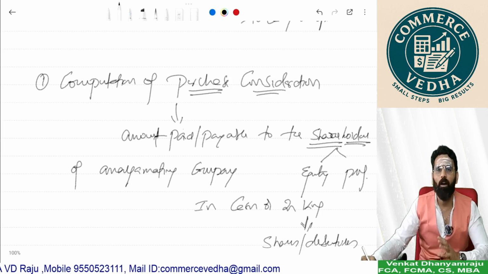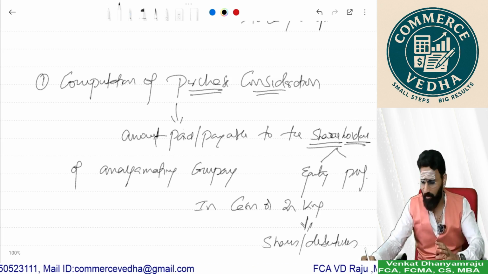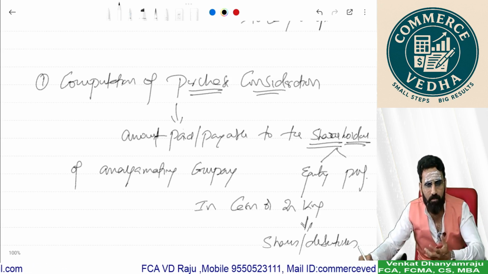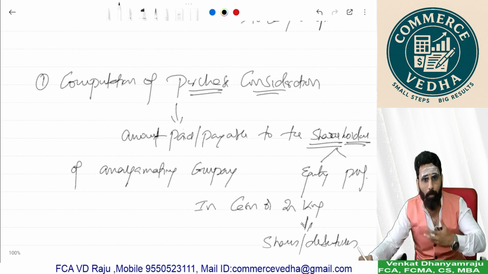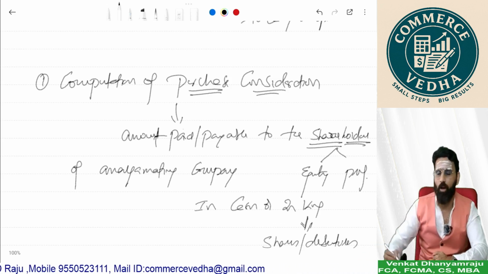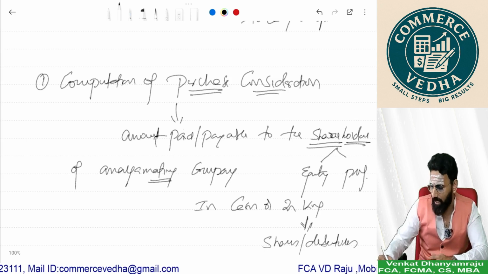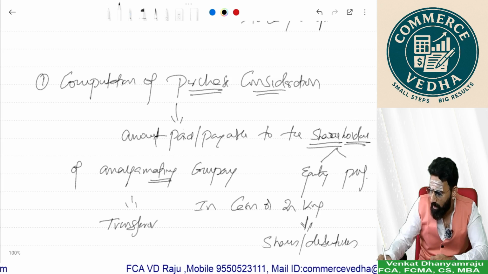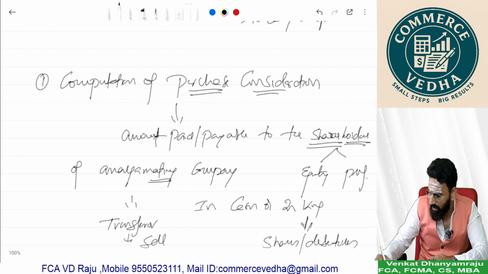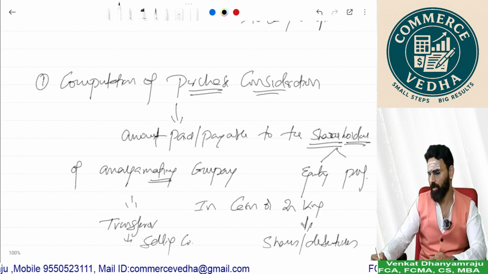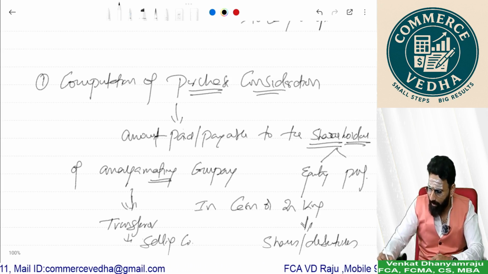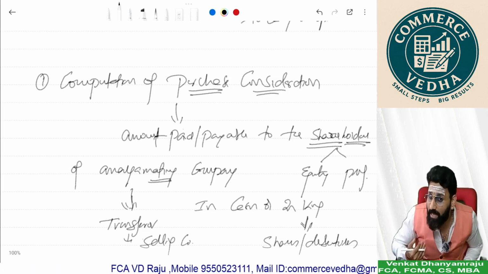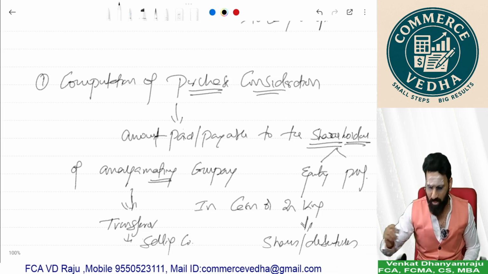Any form of amount, whether in cash or in the form of shares or in the form of debentures, paid or payable to the shareholders of the amalgamating company, nothing but which company? Transferor, or we can call it the seller or selling company. So the amount paid or payable to the shareholders of the amalgamating company is called purchase consideration.